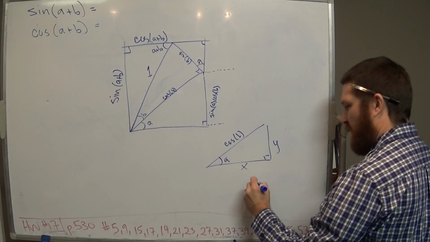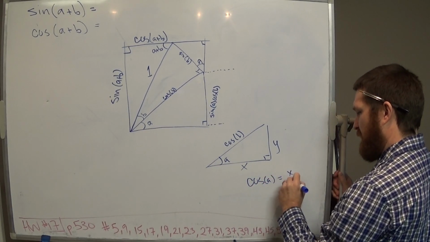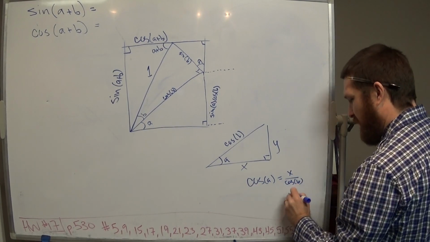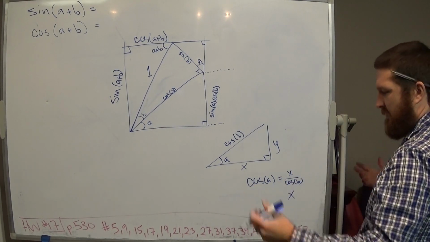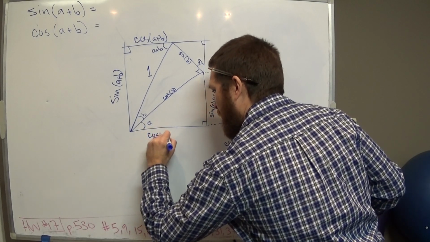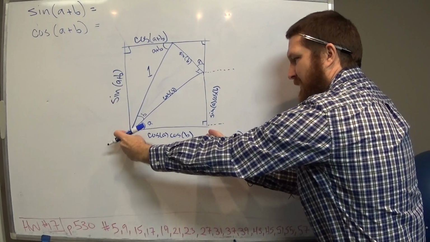Cosine. So cosine of A equals x over cosine of B. And so x is equal to what? Cosine of B times cosine of A. So this length is cosine A cosine B. Okay, that's that length right there.